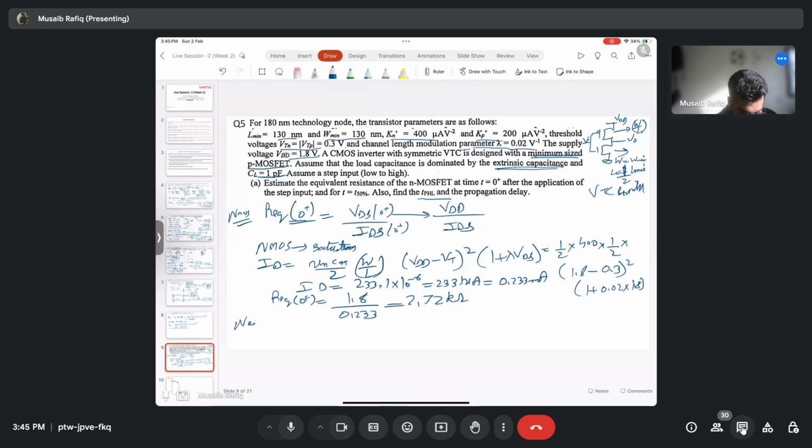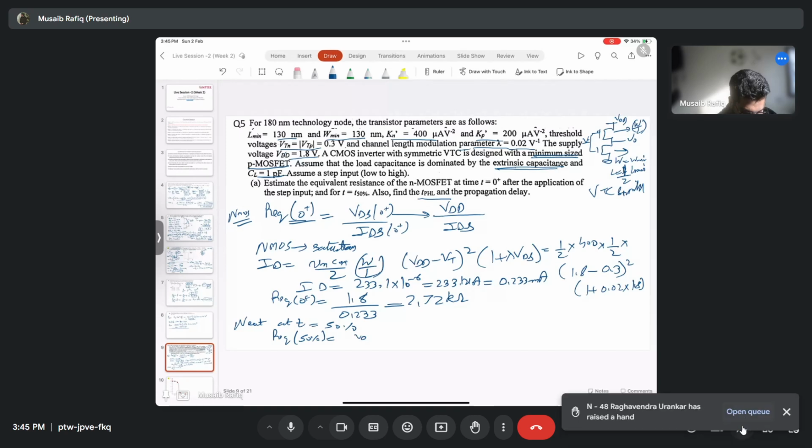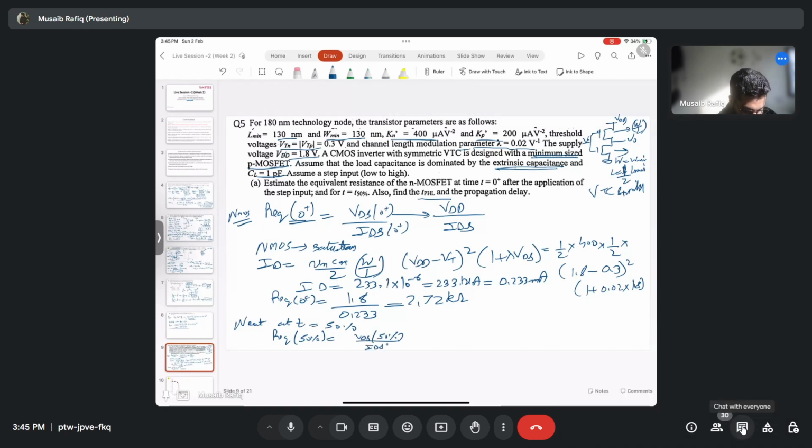Now at t equal to 50%, R equivalent at 50% will be equal to VDS at 50% divided by IDS at 50%. So in that case, I will have my NMOS like this, where this is VDD by 2.